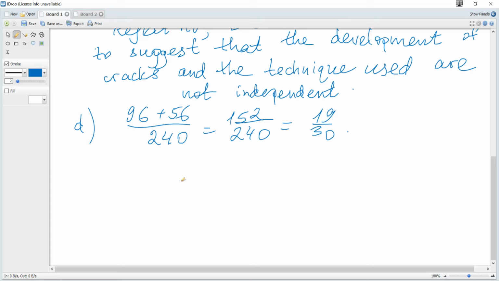The next. As an alternative measure, the researchers decide to let p be the probability that a component made with the new technique develops cracks. They then test the following hypothesis. H0 is that the proportion is 19/30, which is obtained from the current technique, and the alternative is that this proportion has decreased.